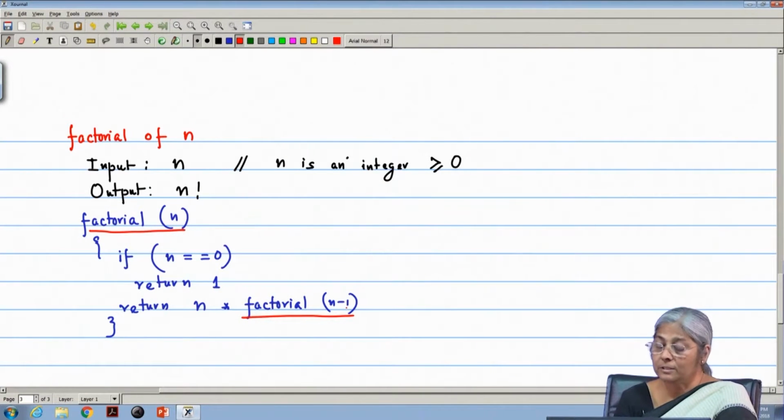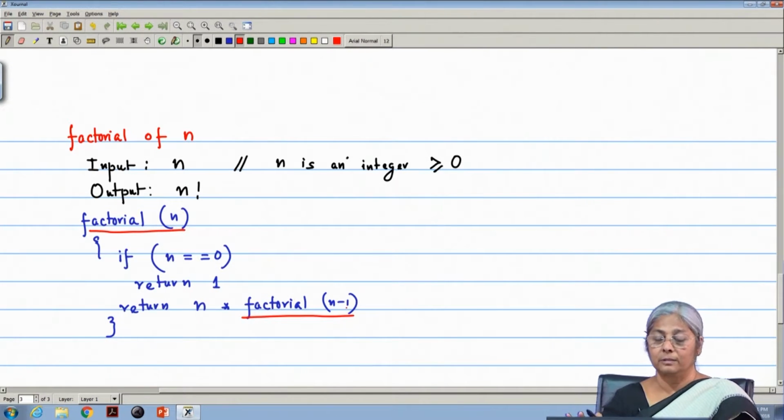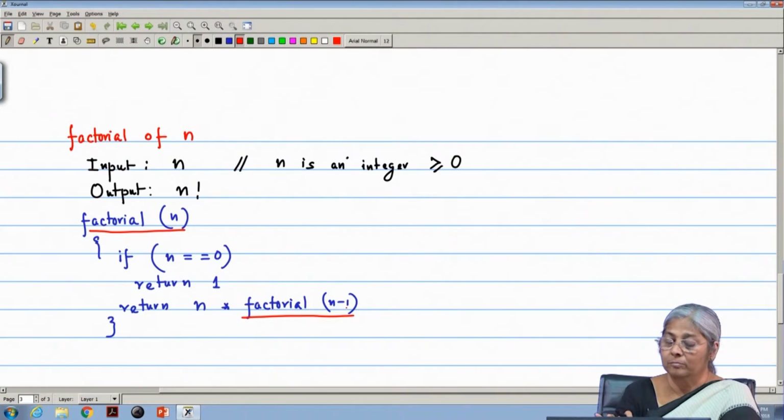So, it satisfies the definition of the algorithm, as if the original problem is decomposed into a sub problem with smaller inputs. So, this is a simple example of computing factorial n, which is a recursive algorithm.